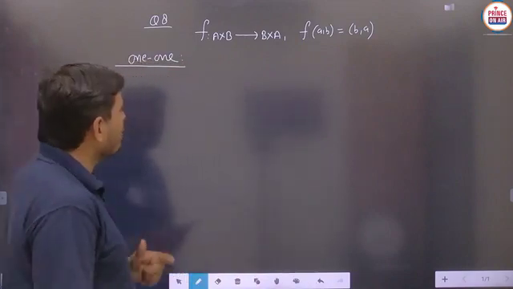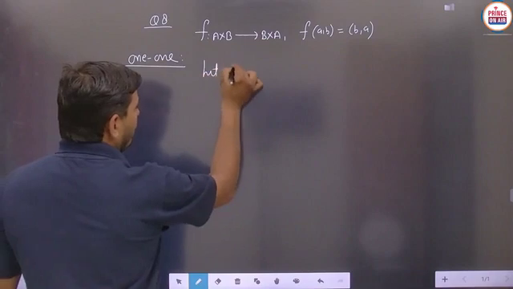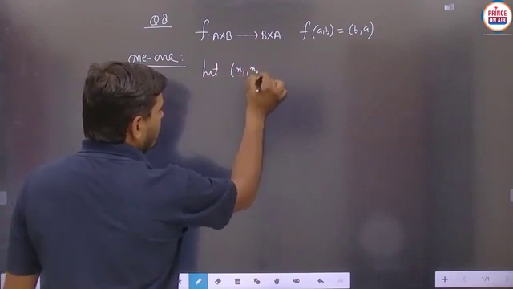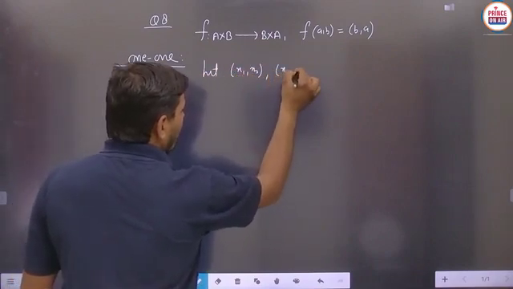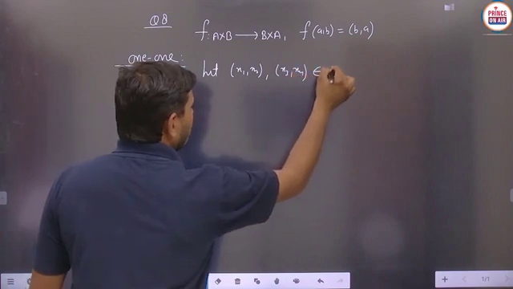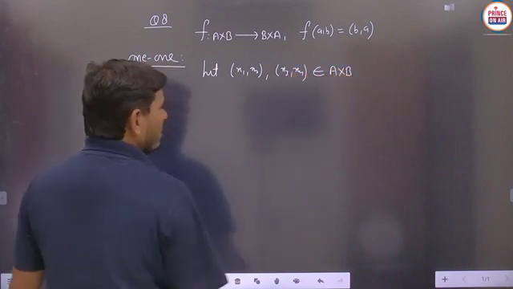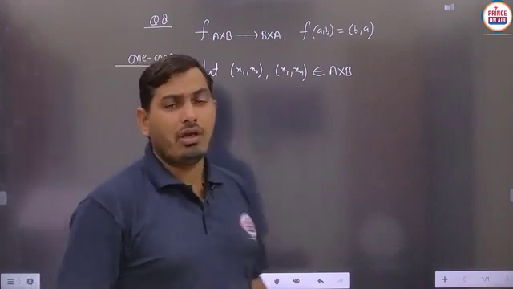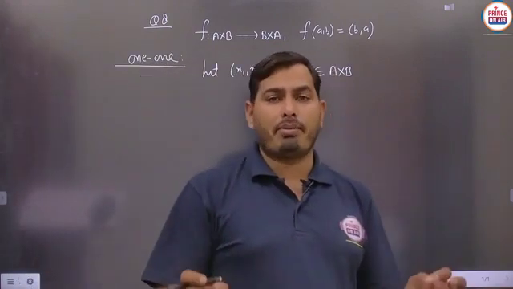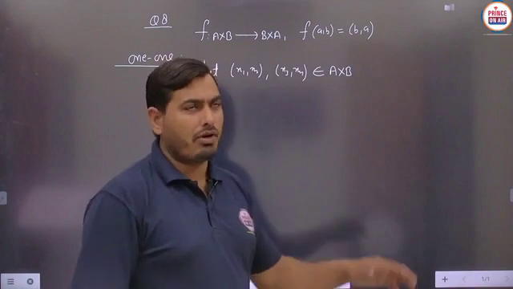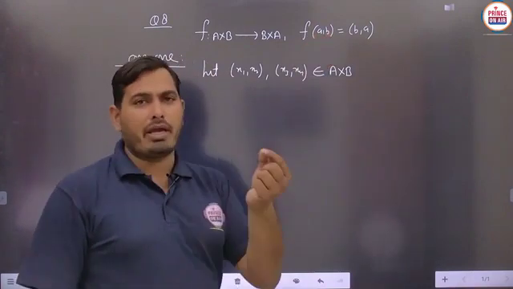Is it clear? So you can say that let us take (x1, x2) and (x3, x4), and that belongs to A cross B, because student, generally in the case of A cross B we obtain an ordered pair as a number, and according to the given function this whole ordered pair will be taken as the single number.